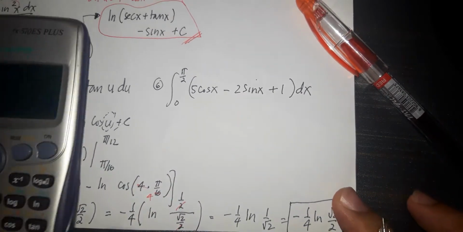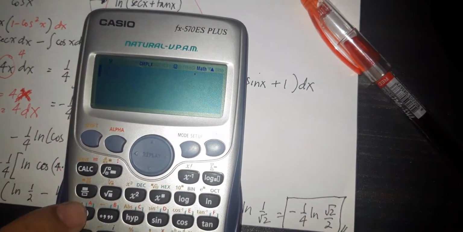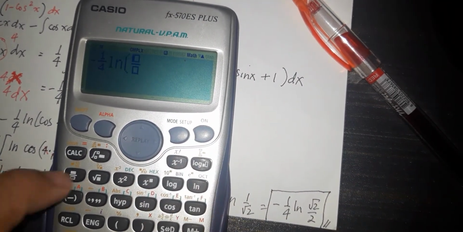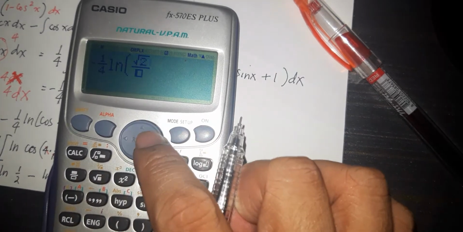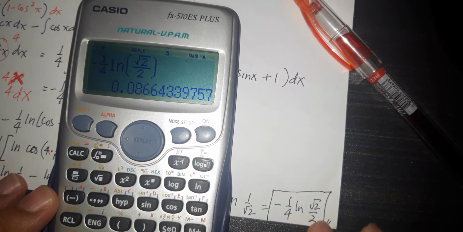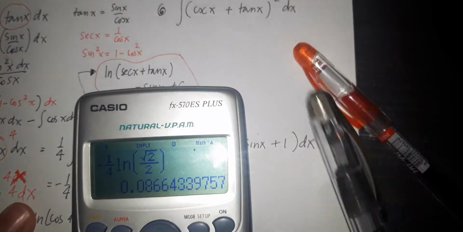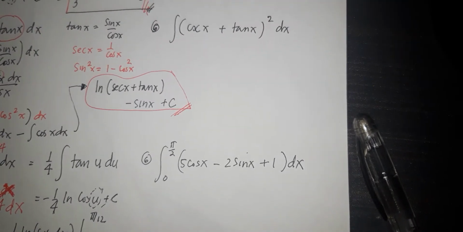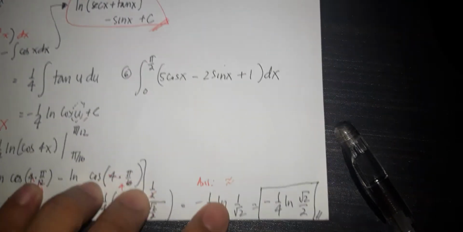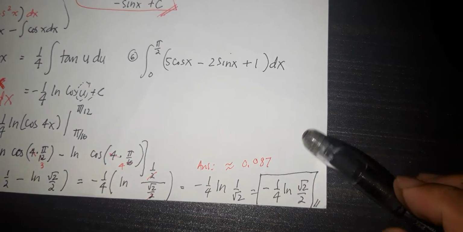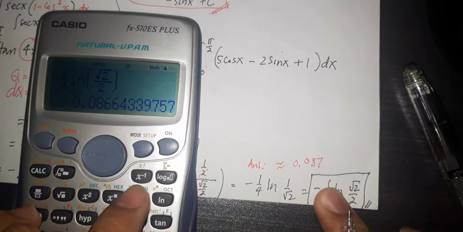So kung kukunin natin ang value niyan, negative 1/4 ln of square root of 2 over 2 gives 0.087. So the answer here must be approximately equal to 0.087.